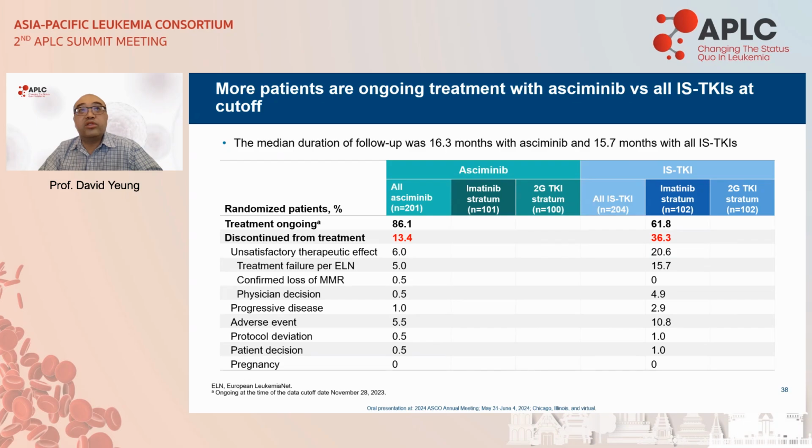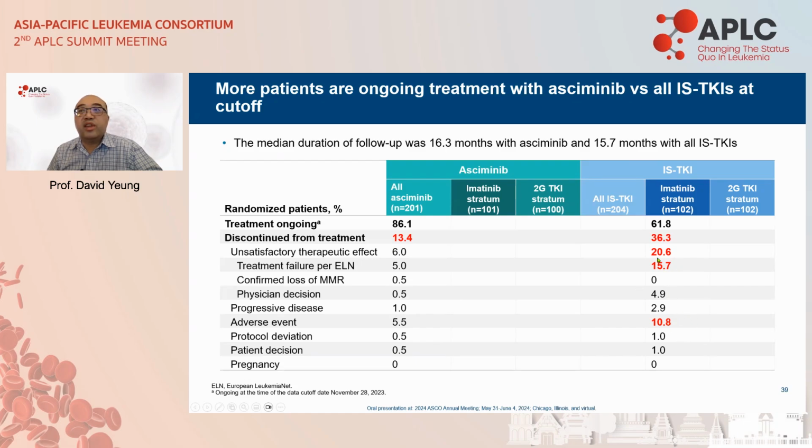I'll go straight to this slide, which summarizes the discontinuation rates. You'll see that the asciminib discontinuation rate is 14% compared to imatinib, around 36%. So the imatinib arm is very close to what we saw in the real life settings, of which the majority were either resistance or intolerance.